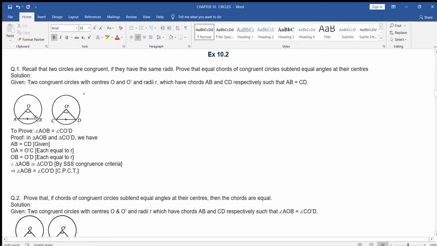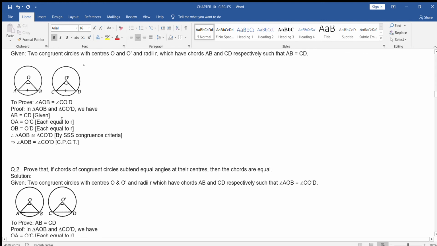Take both triangles, AOB and CO'D. In these two triangles, AB is equal to CD, it is given to us. Then the remaining radii are equal: OA is equal to O'C, and OB is equal to O'D. The reason is that the radii are equal.